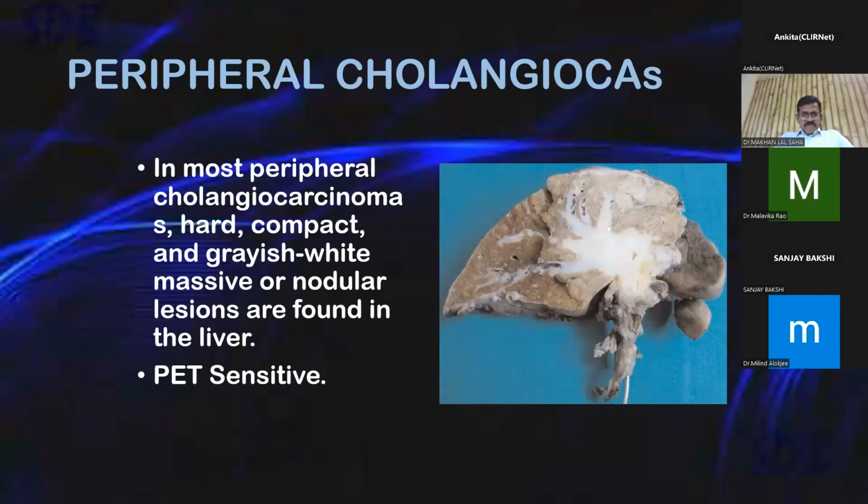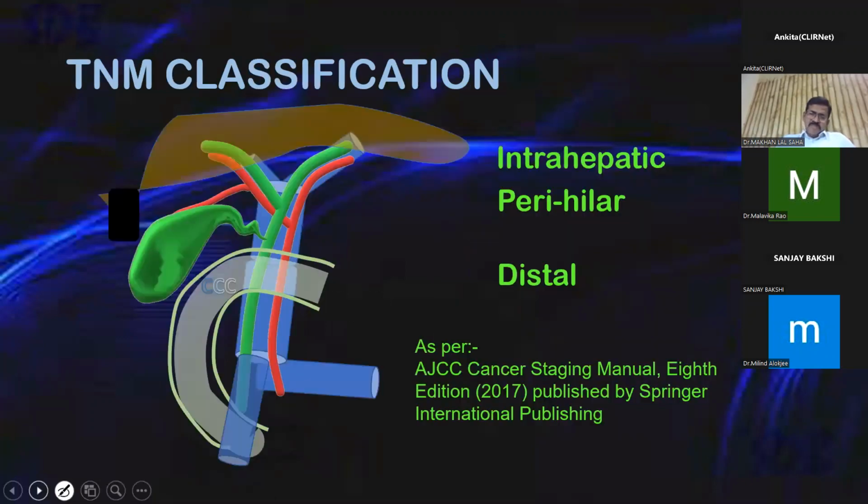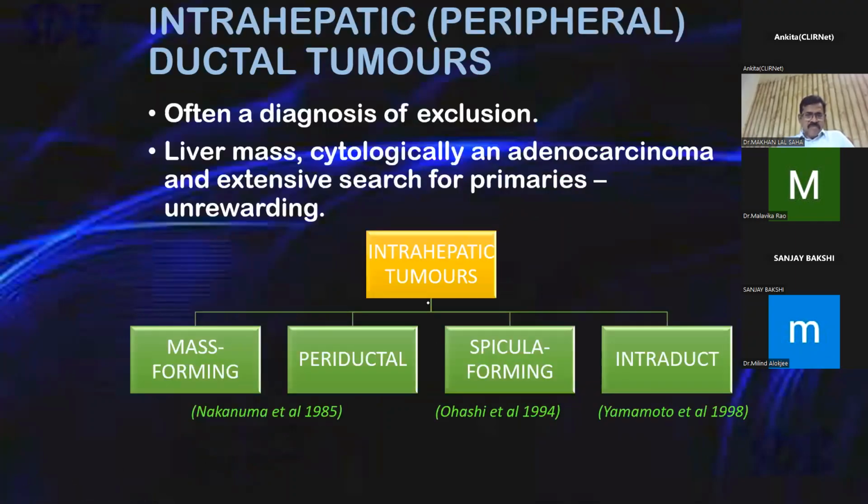This is PET sensitive. Extrahepatic ones are not very PET sensitive because their growth rates are slow. The TNM classification, which I'm not going to give because it's quite extensive, classifies them separately as intrahepatic, perihilar, or distal. Intrahepatic has stages.